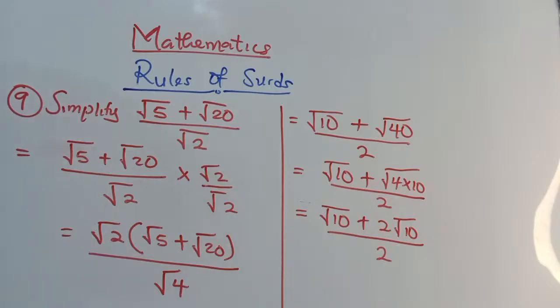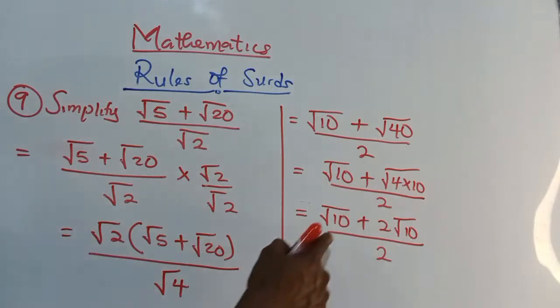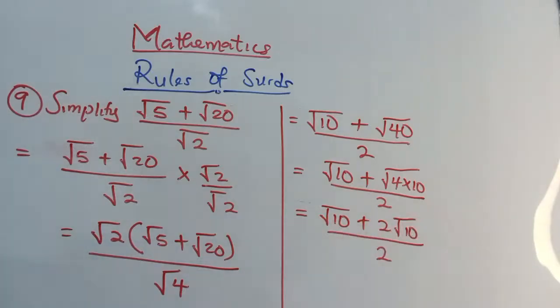Okay, so from there, we have root 10 plus 2 root 10. What it simply means is, let's say we have x plus 2x. That is what it means. Root 10 plus 2 root 10, because if you factor out root 10 is common, we are going to have something like this.